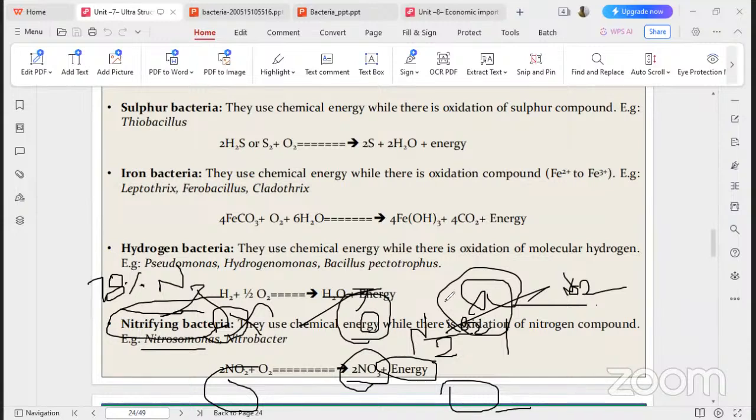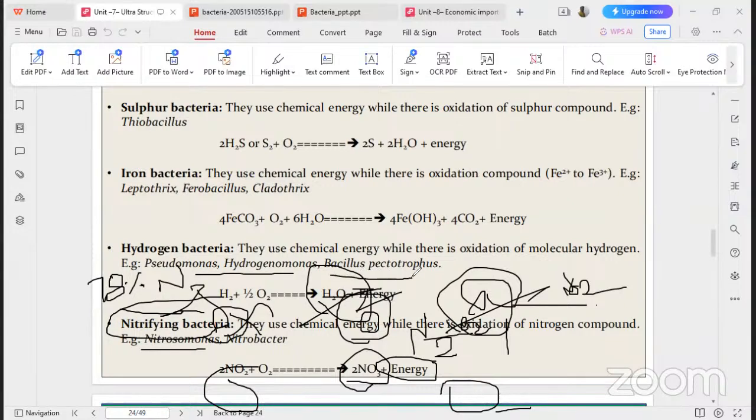Okay, sulfur bacteria, iron bacteria, hydrogen bacteria. If it depends upon hydrogen, it is hydrogen bacteria. Hydrogen in the presence of oxygen forms water molecules and energy is released. Hydrogen bacteria include Pseudomonas, Hydrogenomonas, Bacillus.